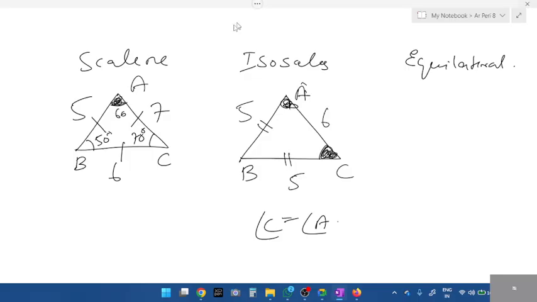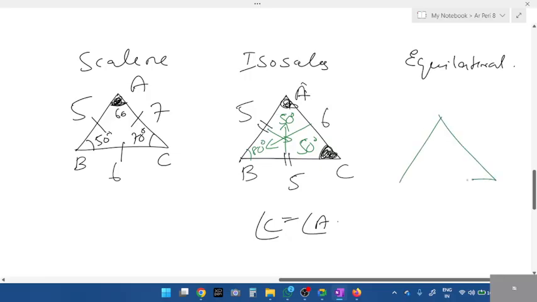If angle C is 50 degrees, what will be the value of angle A? Angle A also should be 50 degrees. Okay. Angle B will be different. Angle B is opposite to AC, which is a different measurement. That would be 80 degrees. Is this concept clear? Understood what is scalene and isosceles? Respond all of you.